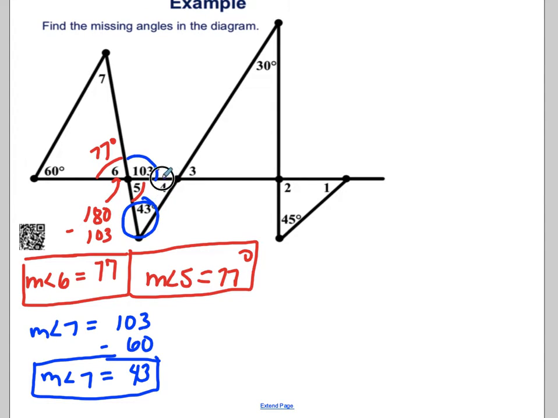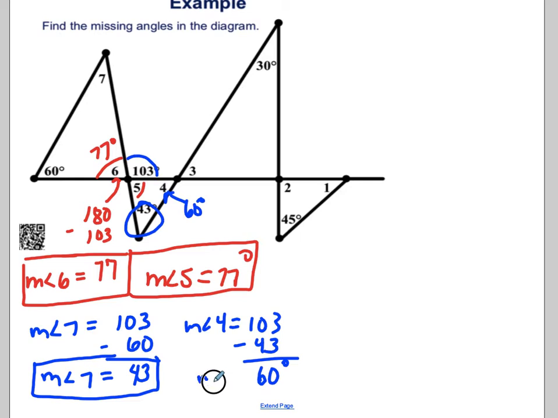These two are the remote interior angles. Either way will get you there. I'm going to use the exterior angle theorem here. To get angle 4, I have to subtract 43 from 103, because this is its remote interior angle. So that's 60 degrees. Angle 4 has to be 60 degrees.